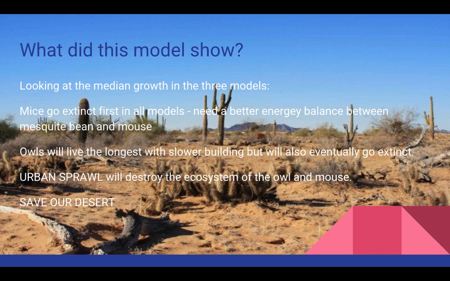Owls are going to live the longest, but with the slower building, they eventually will go extinct as well. And urban sprawl will destroy the ecosystem of both the owl and our mouse. So we need to be careful and save our deserts so that urban sprawl is not destroying this ecosystem. Thank you.